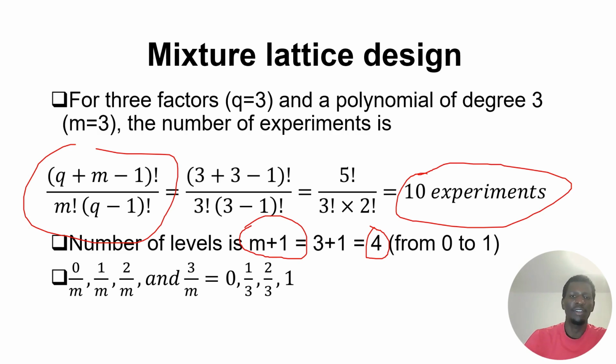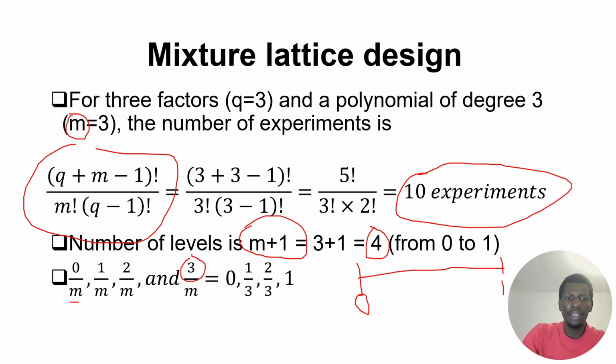To get these 4 levels from 0 to 1, these 4 levels must be equally spaced from 0 to 1. To do this, we have to divide 0 by m, 1 by m, 2 by m, and 3 by m. We are ending at 3 because m is equal to 3.